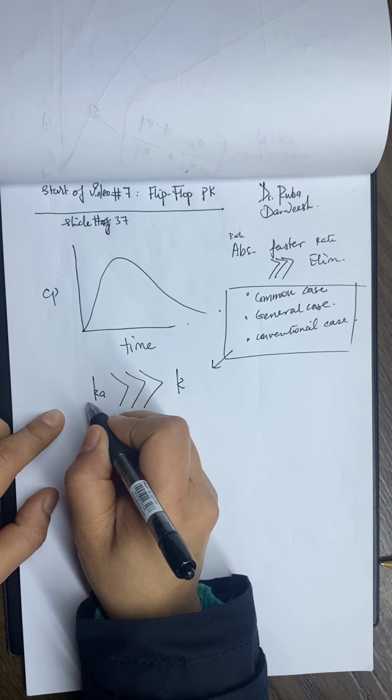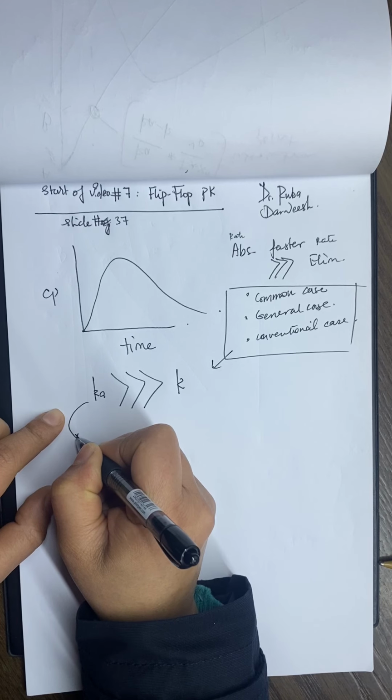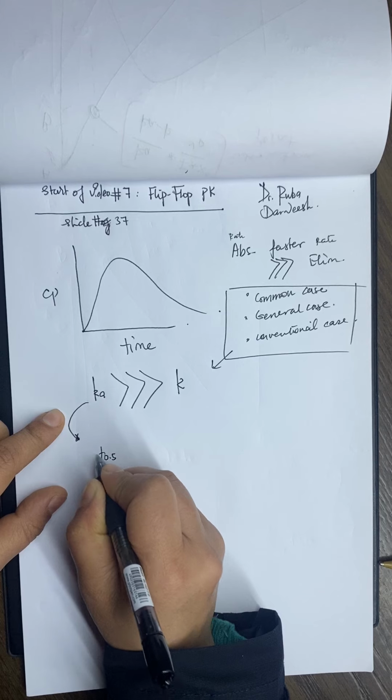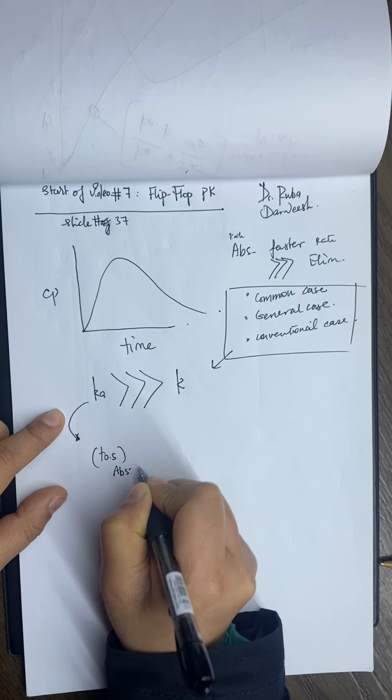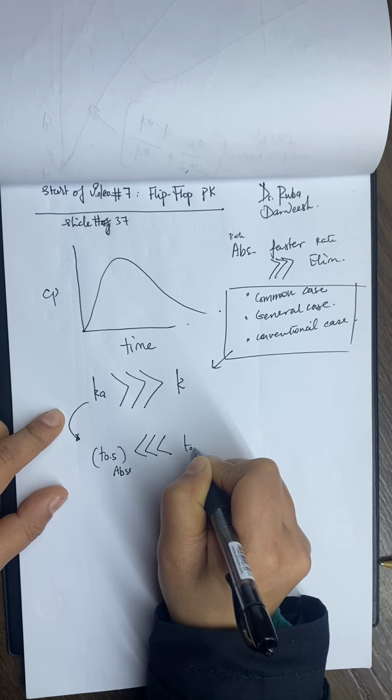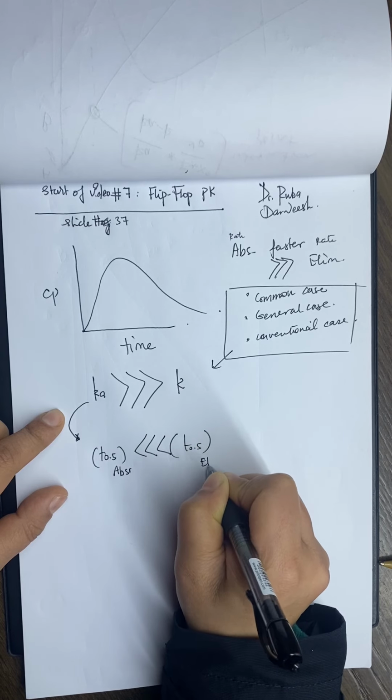If Ka is faster than the elimination, it means the half-life of absorption is usually lower or shorter than the half-life of elimination.